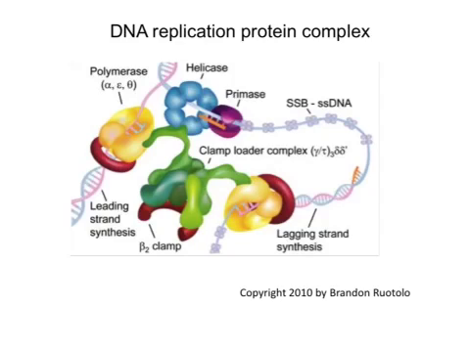Also associated with the lagging strand is primase, which has just made a new RNA primer right here, and in between, single-stranded binding protein bound to the single-strand DNA, protecting it from nucleases.